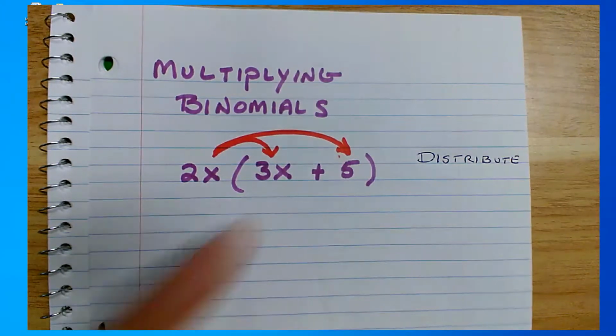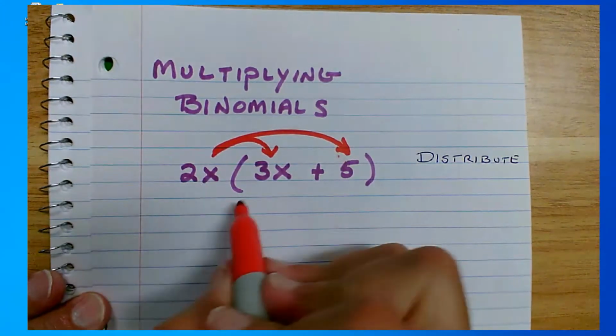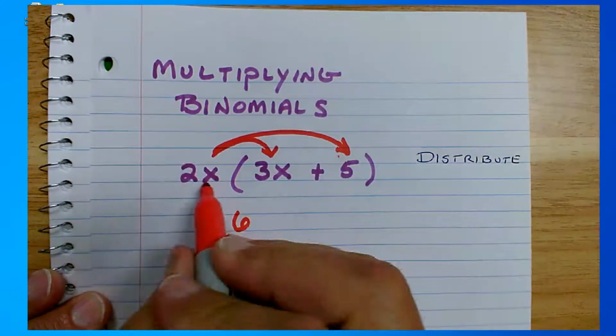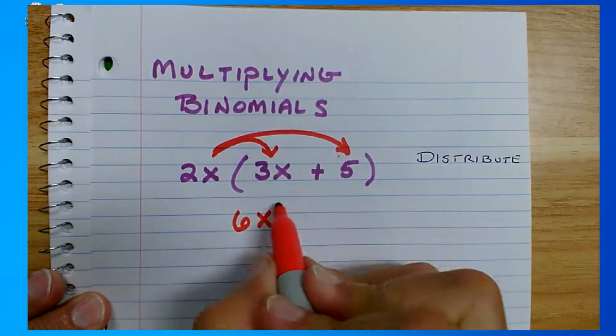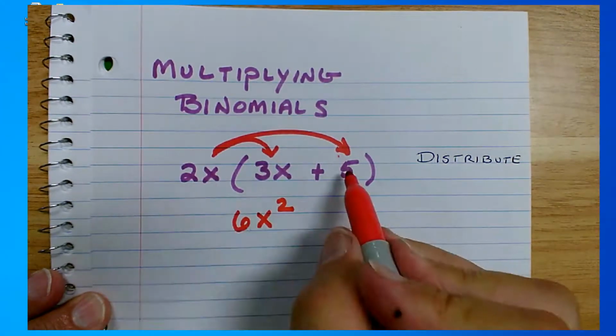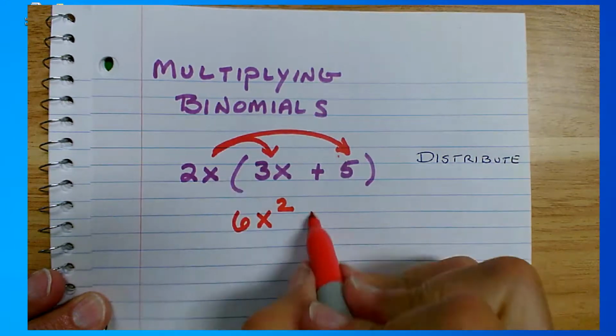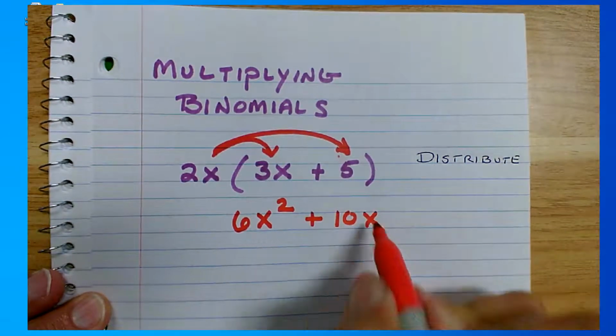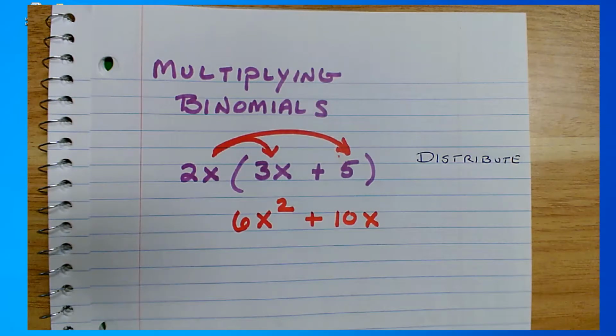So 2 times 3 is 6, and x times x is x squared, and 2x times 5, so 2 times 5 is 10x. So that is some basic distribution.